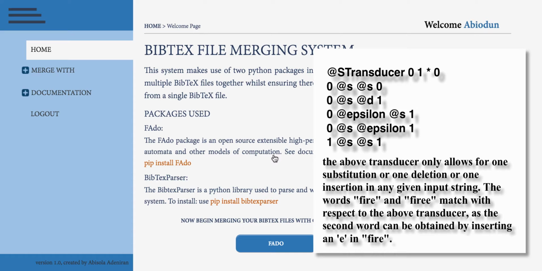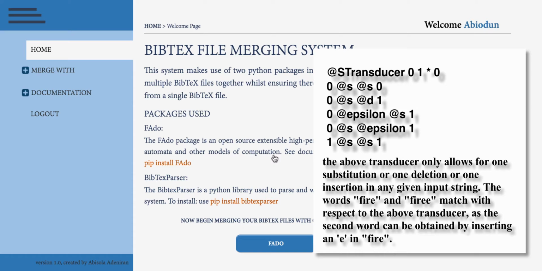So basically, when users input their transducers, based on the transducers inputted, we evaluate the author names, their last names, and the title of the BibTeX entry. Do they relate? If they are the same, then obviously those entries are duplicates.